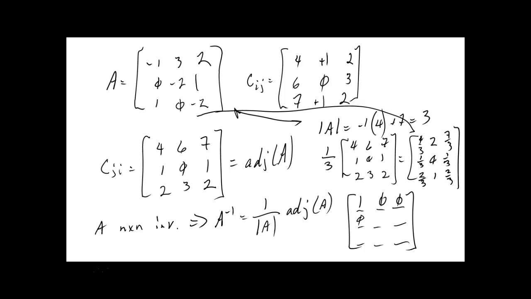Okay? 2, 2 position, second row of A, second column of A inverse. 0, 0, 1. Sure enough, it's a 1. Okay? Then, second row, third column, a 0, minus 2/3 plus 2/3, that's a 0.